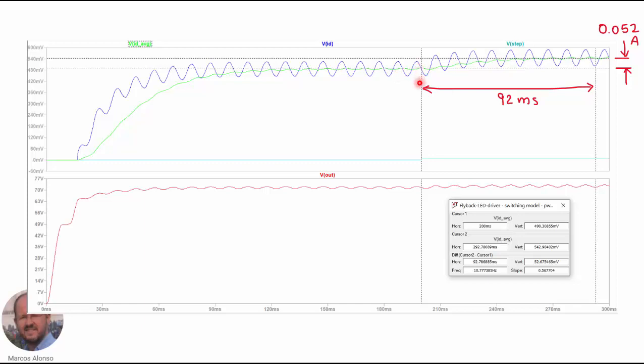At this point here, we have the step, and then we can measure that the time required to get into steady state is something like 92 milliseconds.